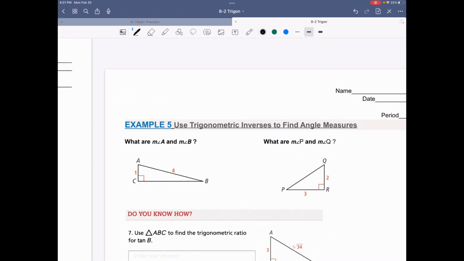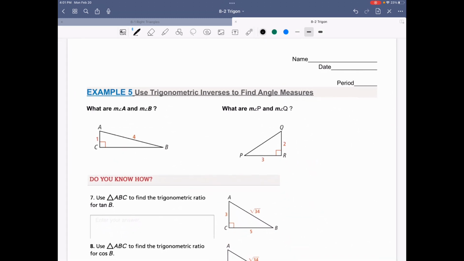Okay, we have some examples where they're asking what the angles are of A and B. So if I want to figure out A, that angle, I know that I have the adjacent side and I have the hypotenuse. And that is cosine.